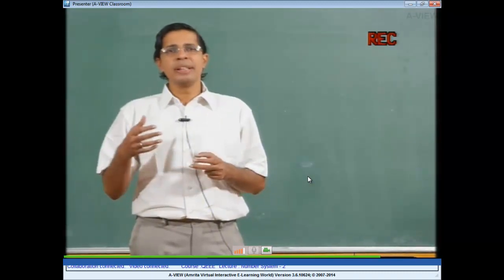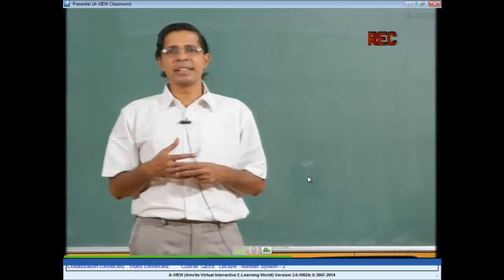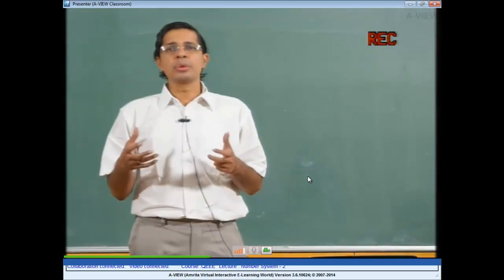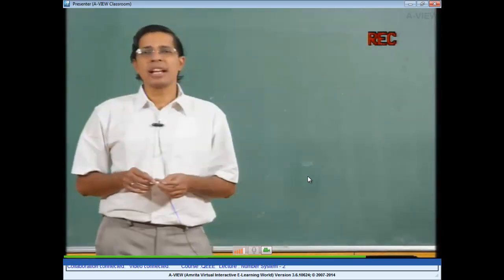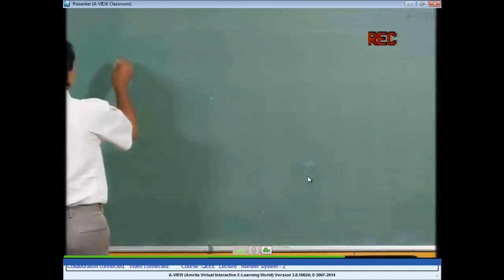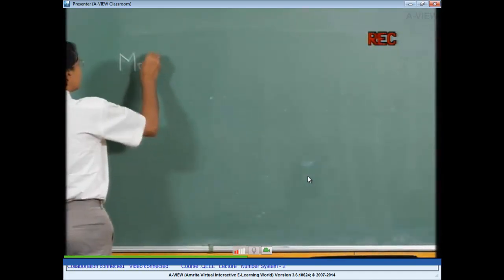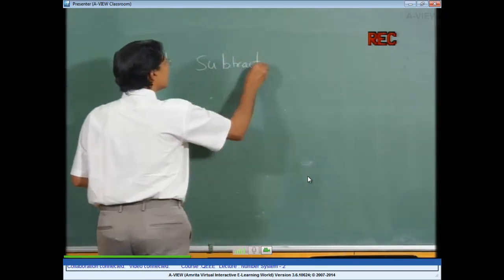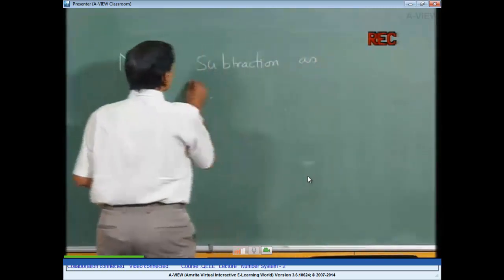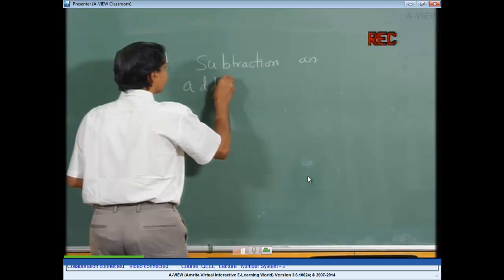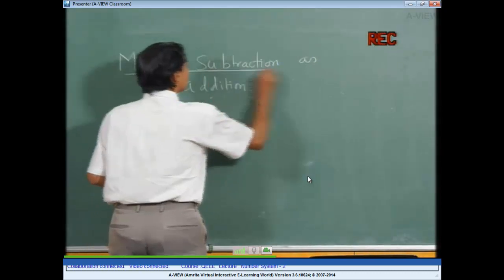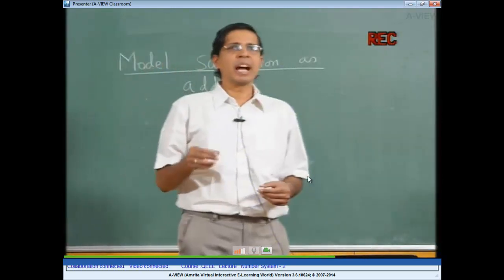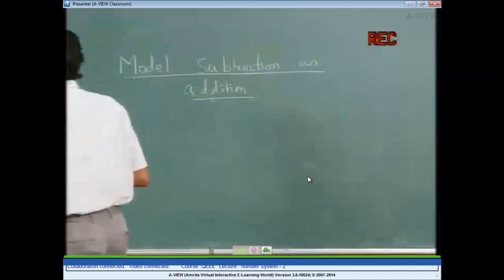So it is our responsibility, that is the compiler's responsibility, to model subtraction as addition. This is a necessity from the hardware point of view. Now how do we do that?